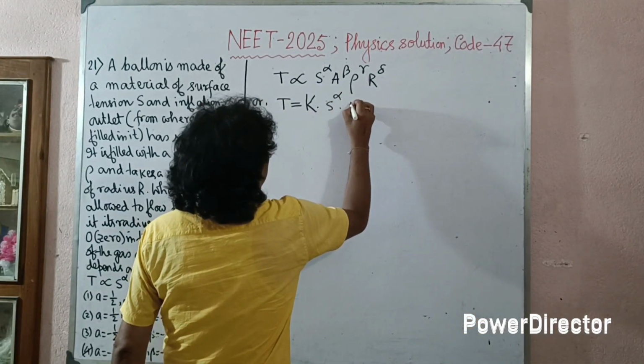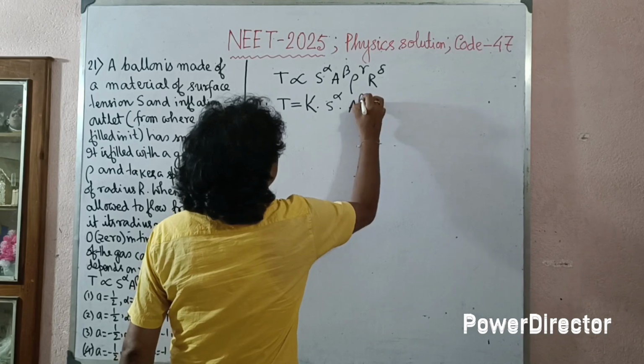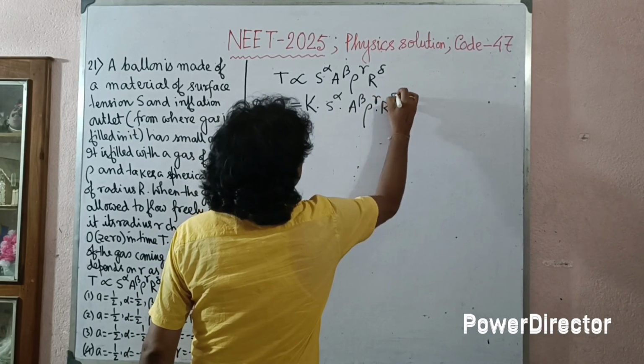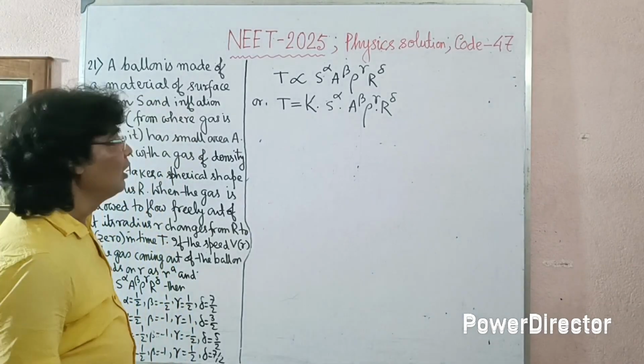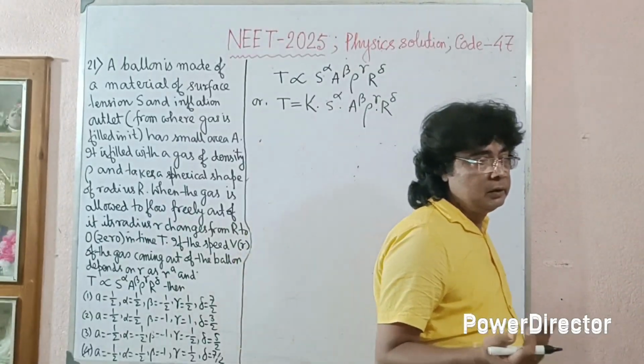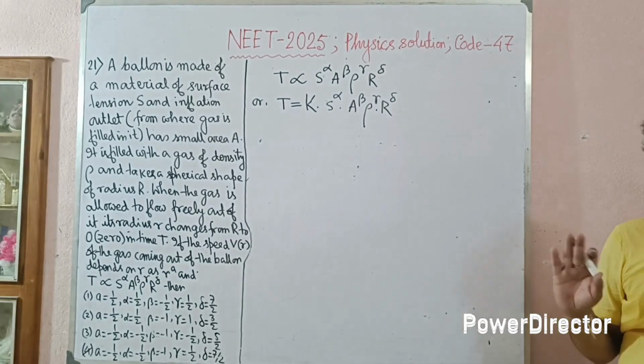S to the power alpha, A to the power beta, rho to the power gamma, capital R to the power delta. Now, we equate the dimension on both sides.